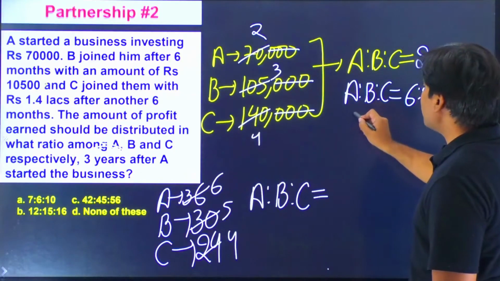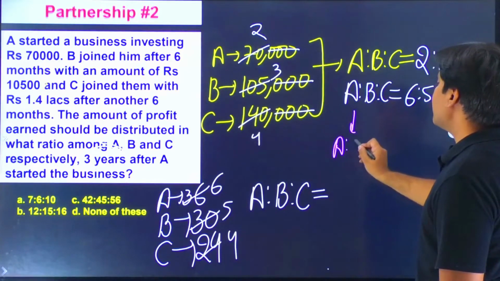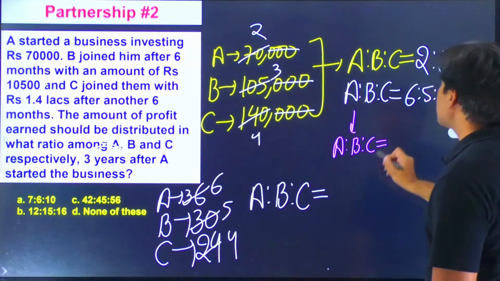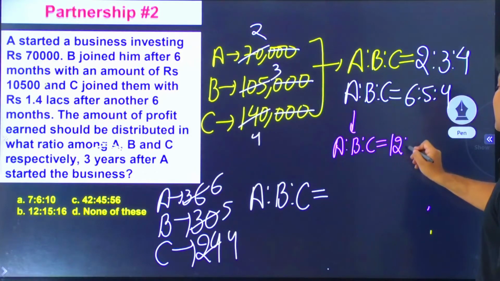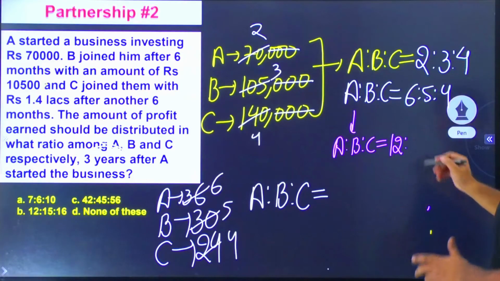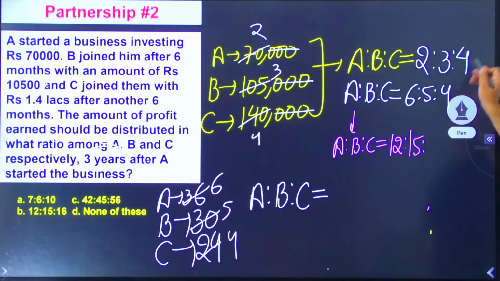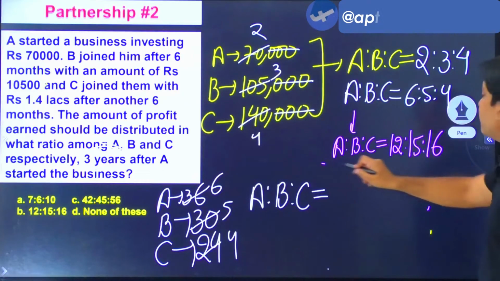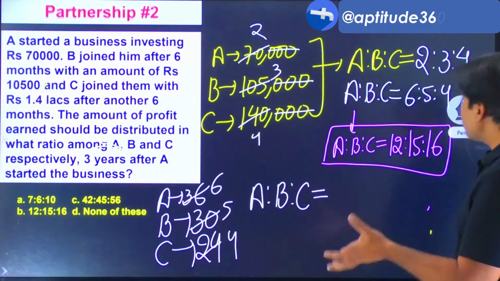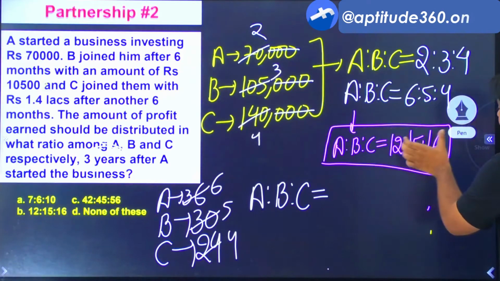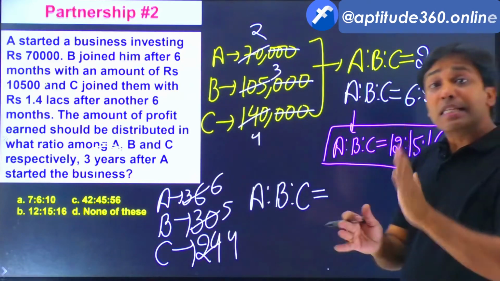What you're going to do is multiply these values. So the profits should be distributed in the ratio of 2 into 6, which is 12, and then 5 into 3, which is 15, and 4 into 4, this is 16. So the profit is going to be distributed in the ratio of 12, 15 and 16. Isn't it simple?